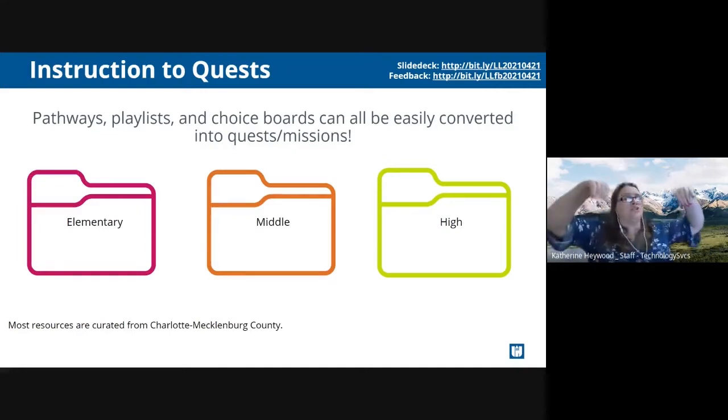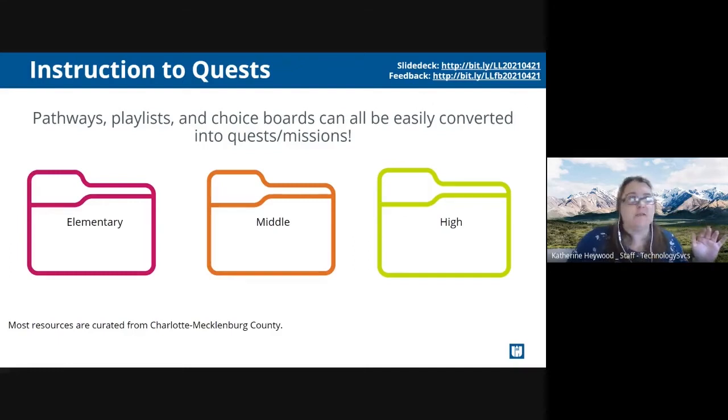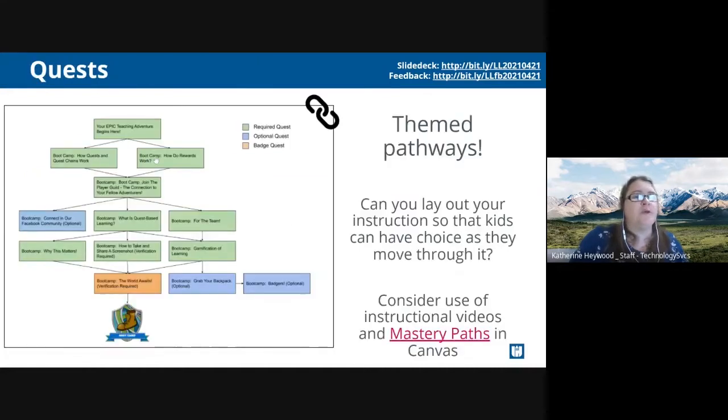Where can you provide choice for the kids? If you've got 2 activities and it doesn't matter which one they do first, there's a branch right there that they can choose between, kind of like in this previous example. Let me go back here, where they choose between the 2 and then they come back together. So really you can lay it out however it works for your classroom.